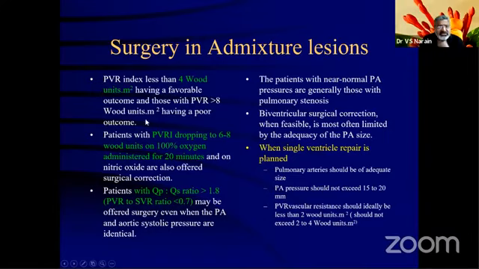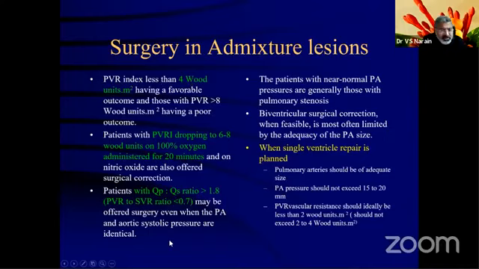And now a little bit of discussion on the surgery in admixture lesions. You need to have a PVR which is expected to be below 4 units, because if you have more than that, then the results are not going to be favorable. If you have something above 8, then perhaps you should give it a trial of oxygen inhalation and wait for 20 minutes and see if it falls to less than 4, and the QP:QS also improves to more than 1.2.